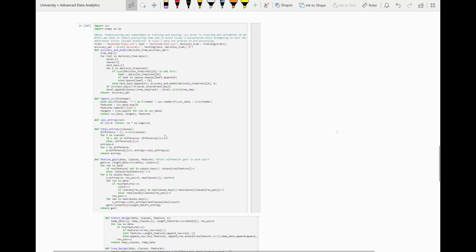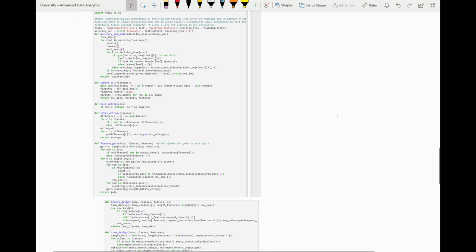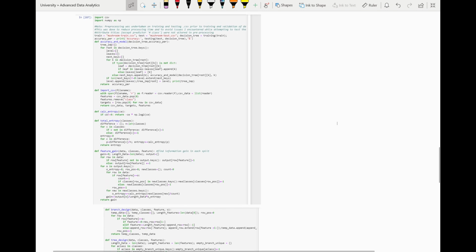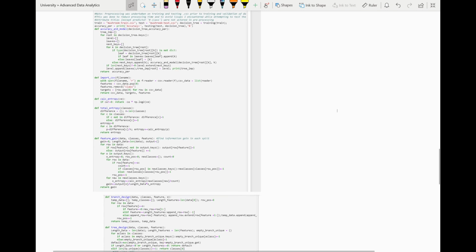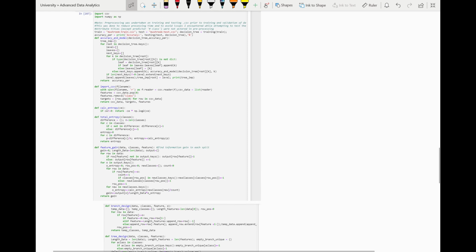And so finally, I'm just going to do a quick overview of the code that I've implemented. One of the key issues I had, and something I want to improve later on, was that I had issues with the initial data set, and I think it was due to the length of it.